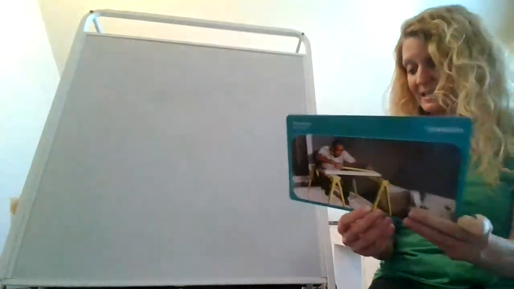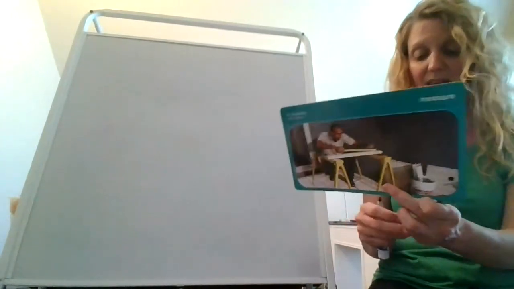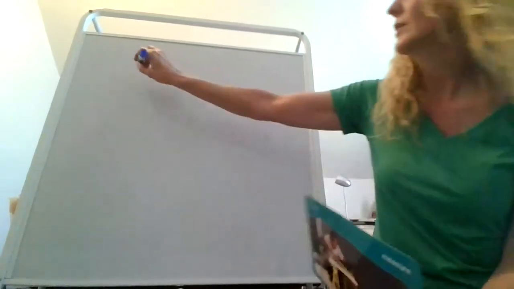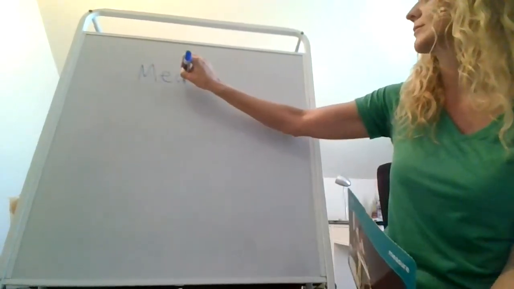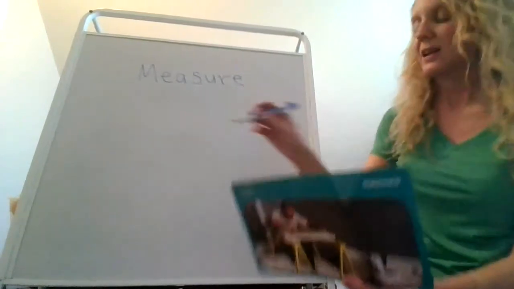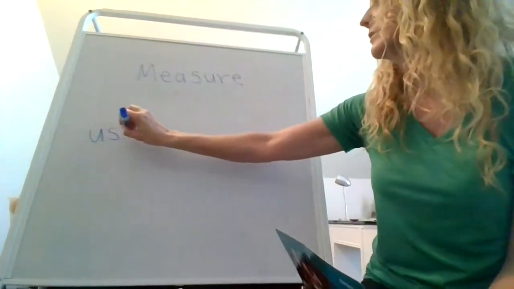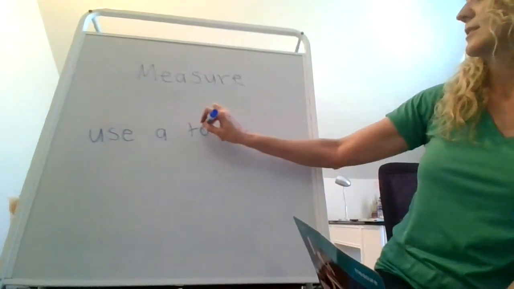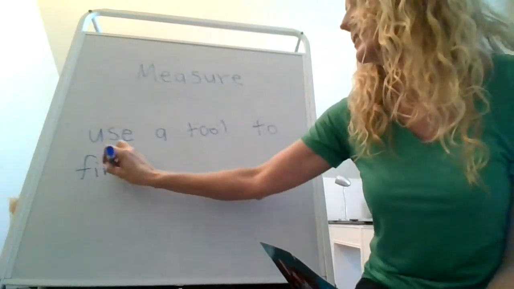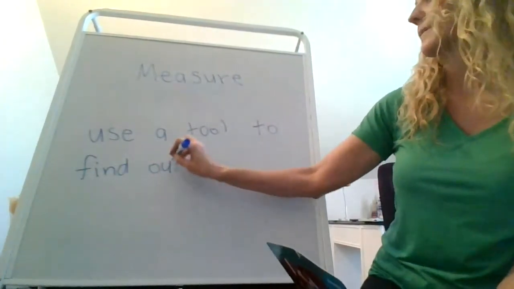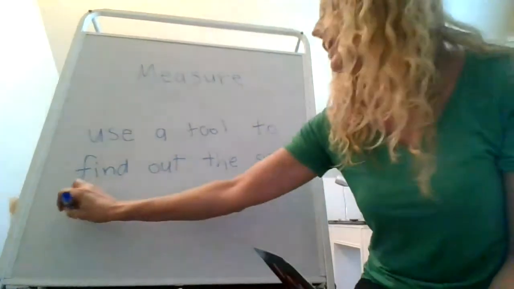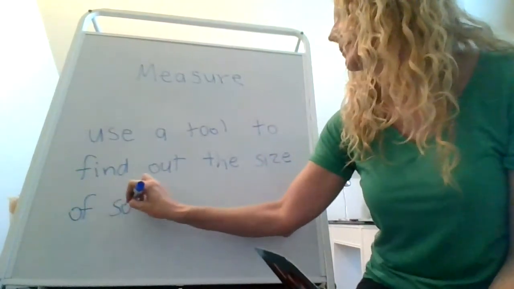Okay, so that would be an easy sentence for you to write about. What's something that you've had to measure before? Or what's a tool that you use to measure with? Okay, so the word is measure. And measure means to use a tool to find out the size of something.